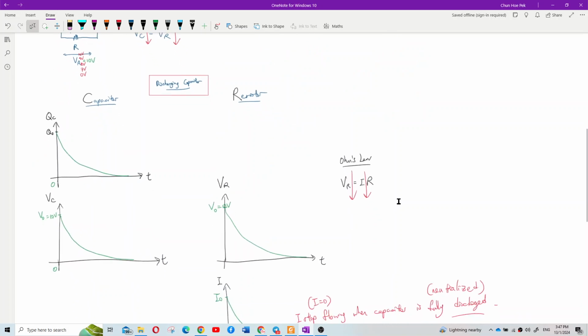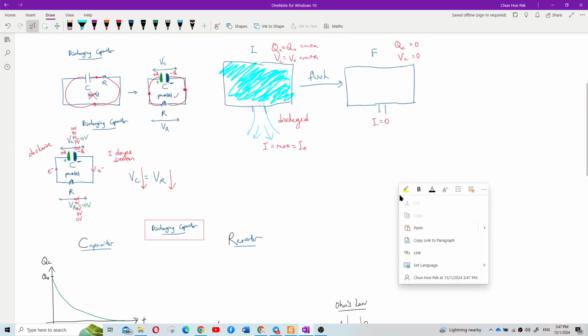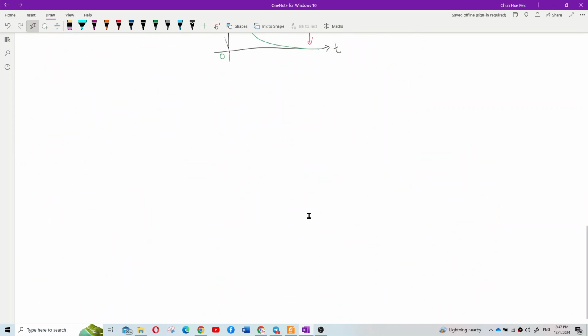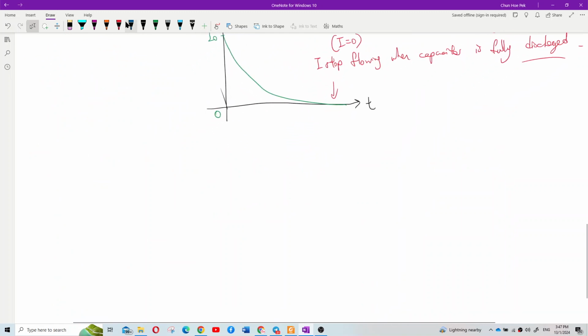Okay? So understand lah, class? So in the end, conclusion dia, can you see the pattern? Charging and discharging. What is the pattern, class?